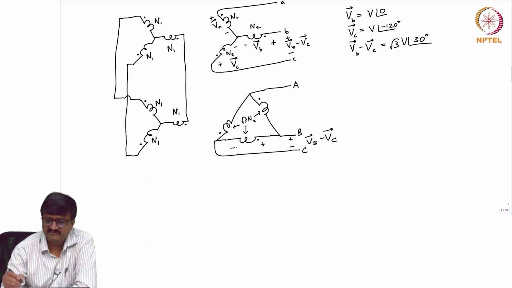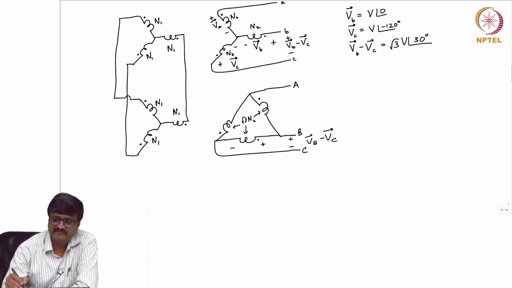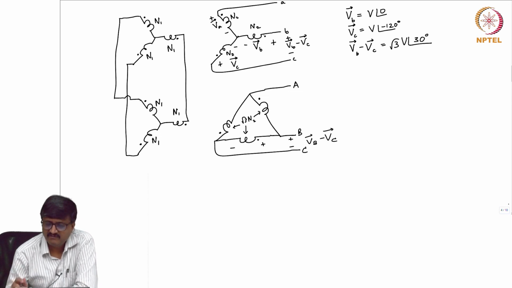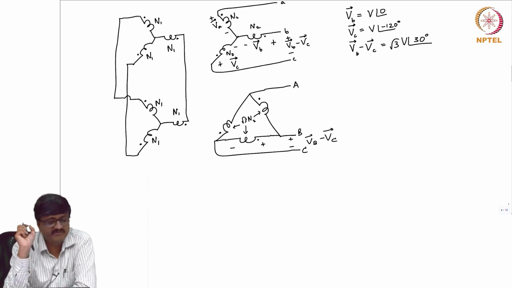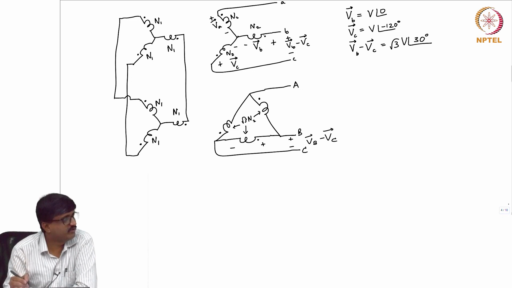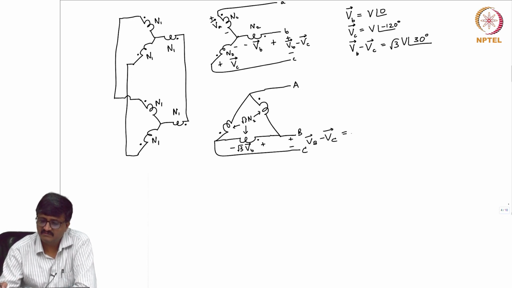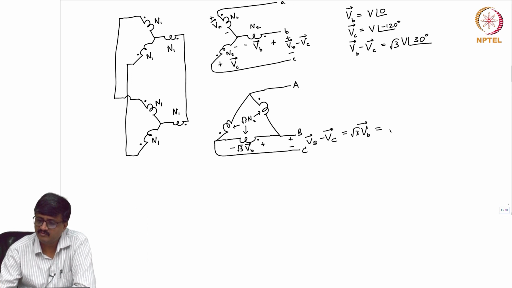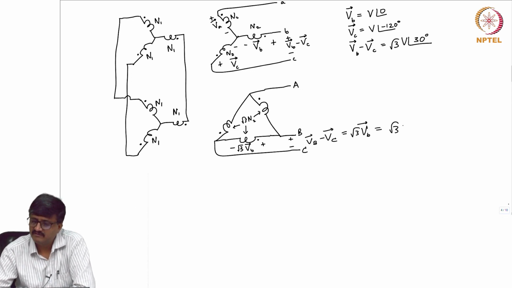Is it A phase winding or B phase or C phase? B phase winding. Okay. So, if the B phase winding in the first transformer has a voltage VB, what is the voltage in the second transformer which is delta connected? Root 3 VB. And what is VB? V at an angle 0.